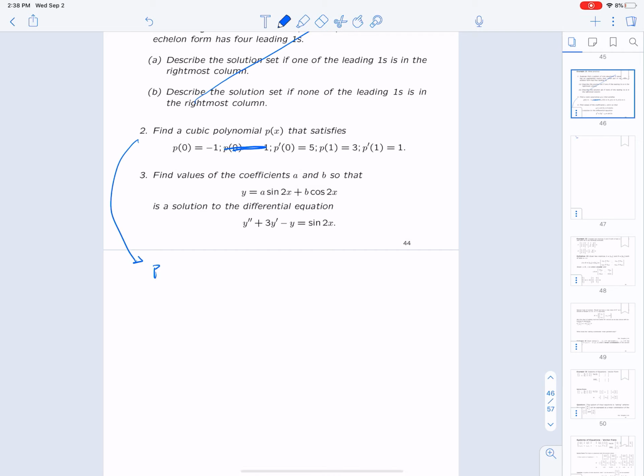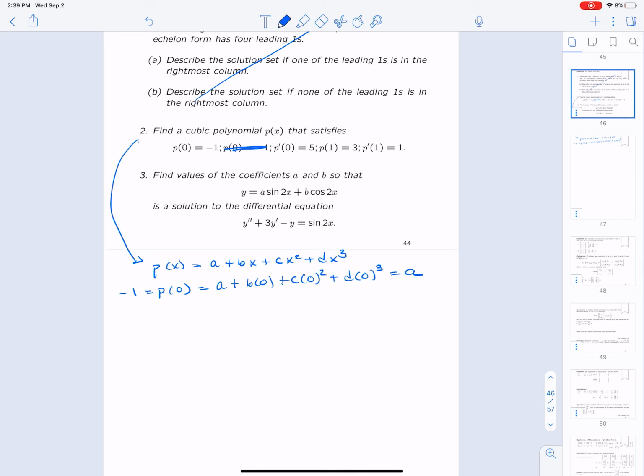Okay, so working on number 2. So we've got p of x. It's a cubic polynomial, so we've got a plus bx plus cx squared plus dx cubed. And I know that p of 0 is equal to -1. So plugging that in, I get a plus b times 0 plus c times 0 squared plus d times 0 cubed. So that's just a.